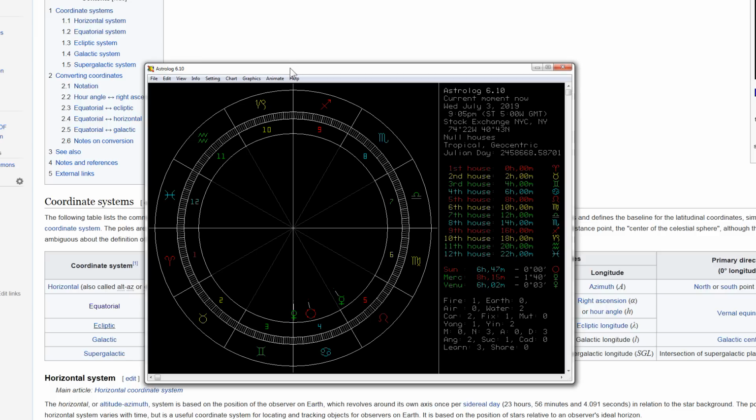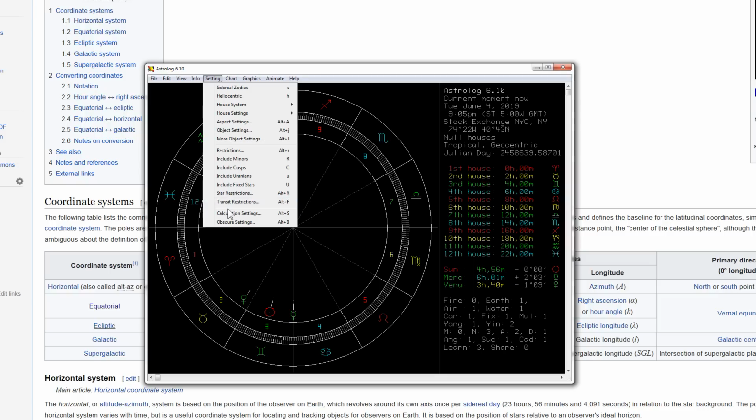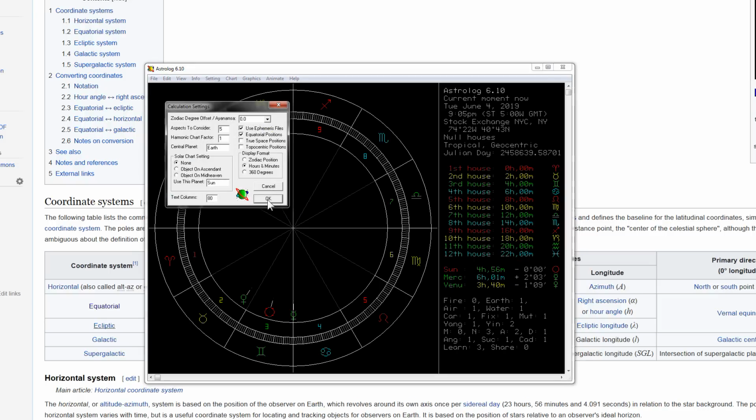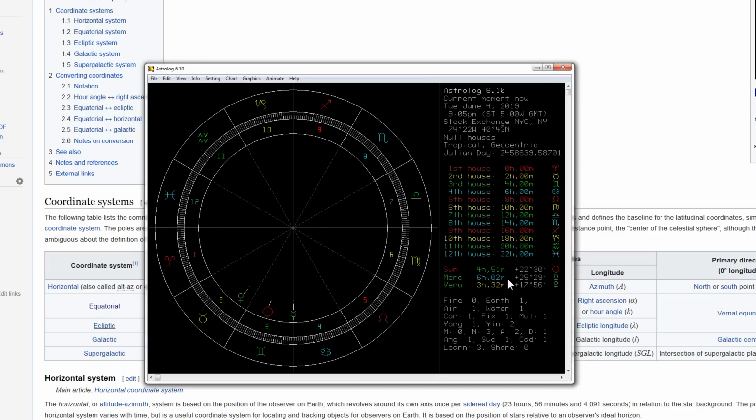But if I take Mercury here as an example, we see Mercury has plus 2 degrees of latitude right here. And if we go back and turn the equatorial system on, we'll see that Mercury has 25.5 degrees, or 25 degrees, 30 minutes approximately, of declination.